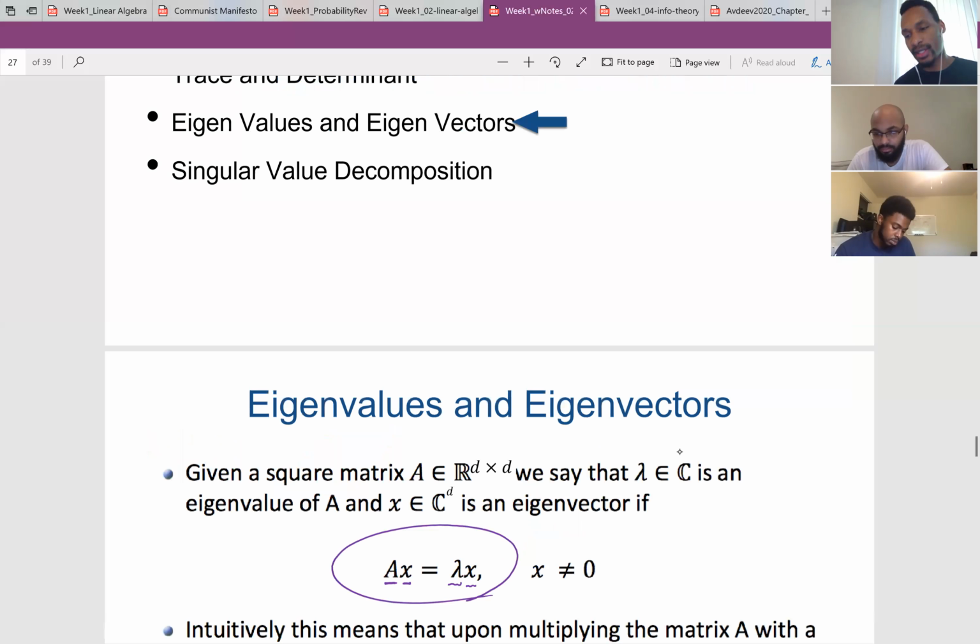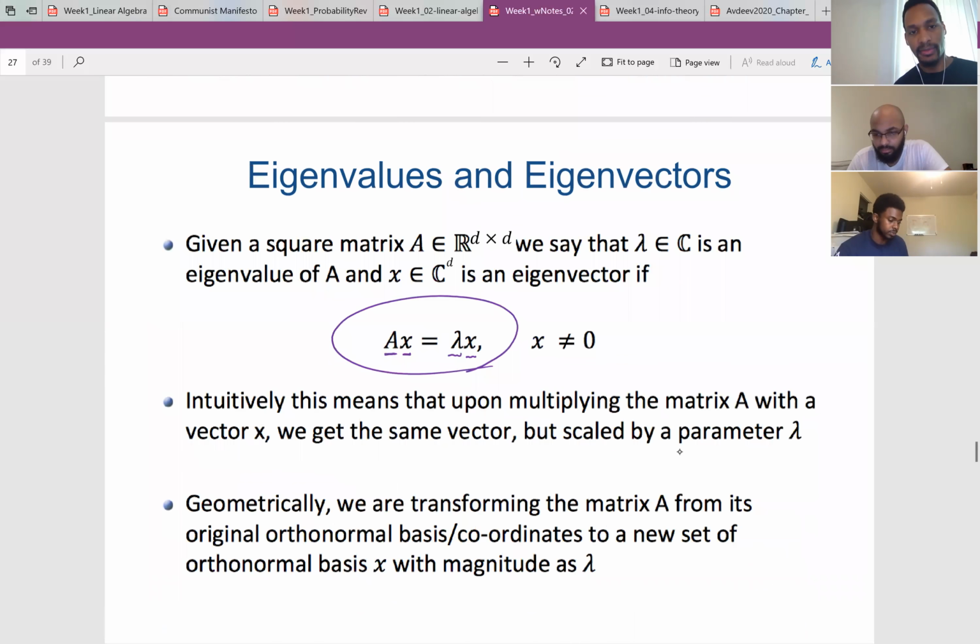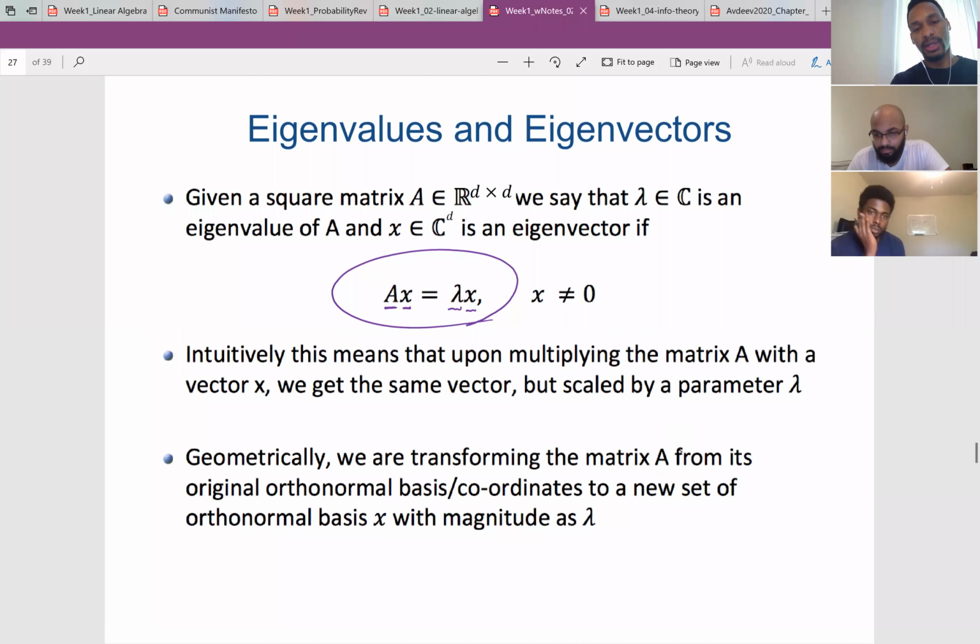Okay, eigenvalues and eigenvectors. Given a square matrix A, we say that lambda, which can be complex valued, is an eigenvalue of A, and X, which can be a complex valued vector, is an eigenvector if this equation holds for X not equal to 0.